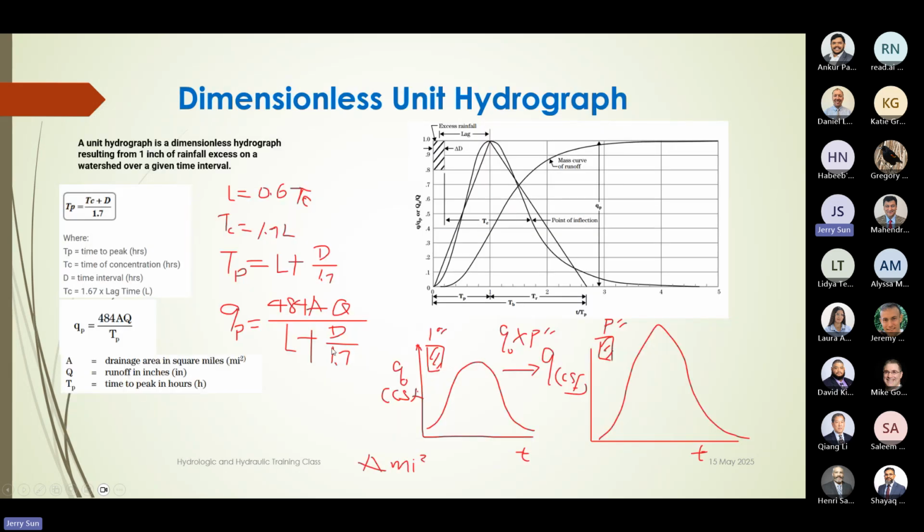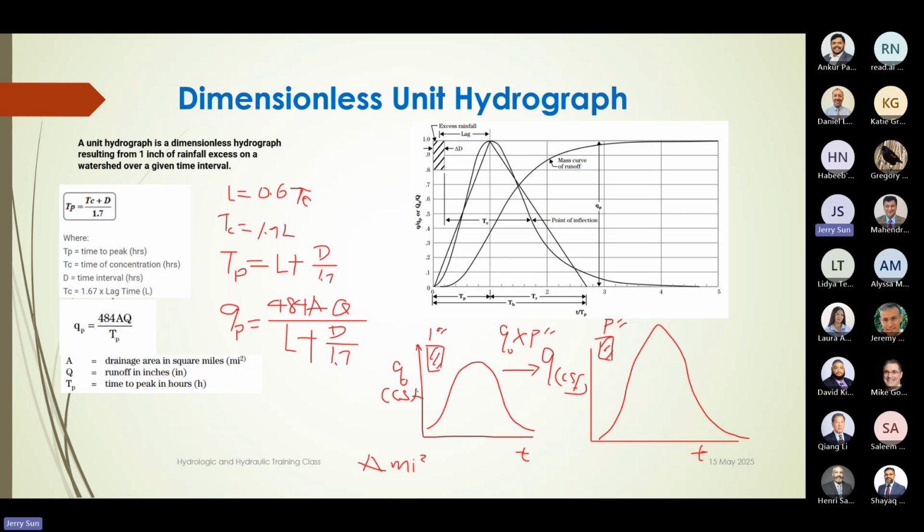What does it mean? The unit hydrograph development process is a little complicated, but the idea is pretty simple. When they developed it, they assumed water on the ground at a 1-inch depth, right?